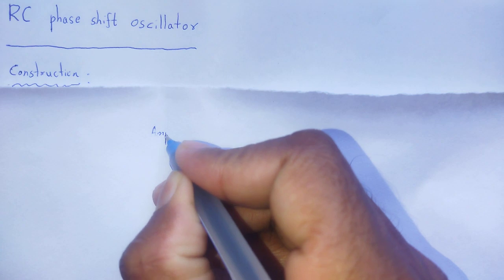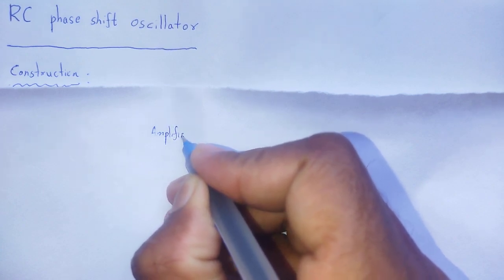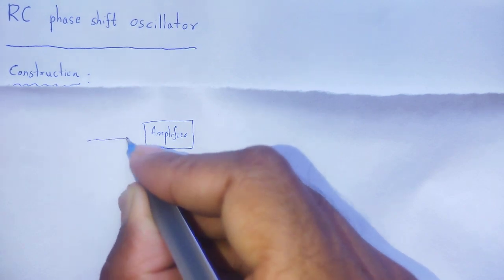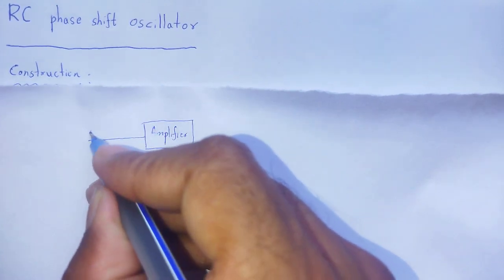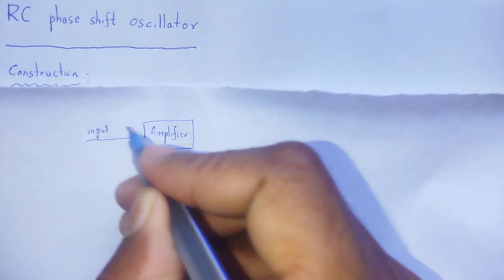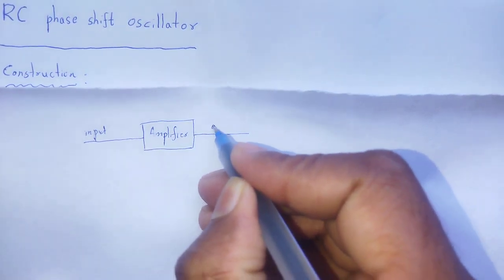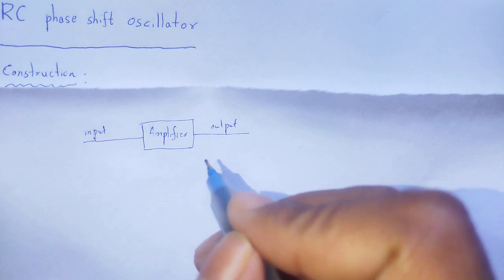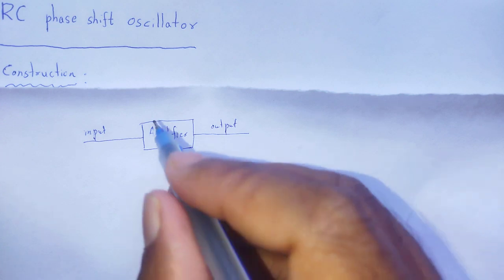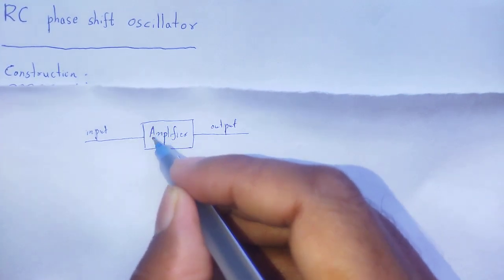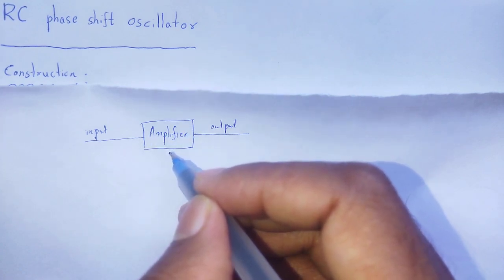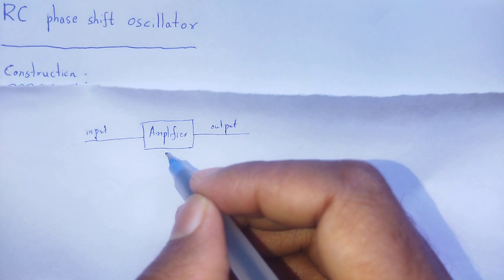Consider an amplifier. This is the input signal, and we obtain the output. In the case of the RC phase shift oscillator, we use a common emitter transistor amplifier.